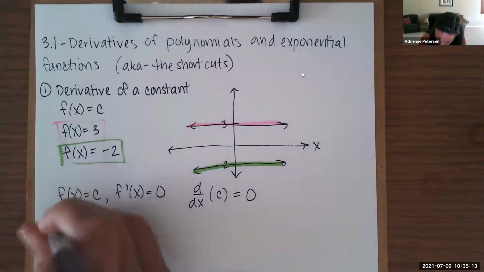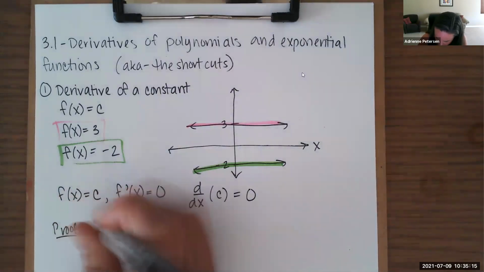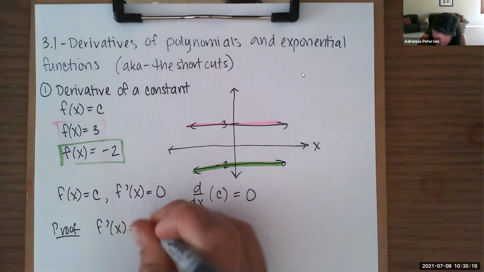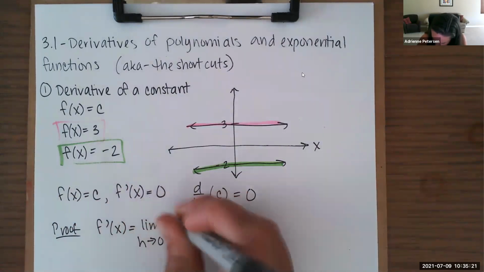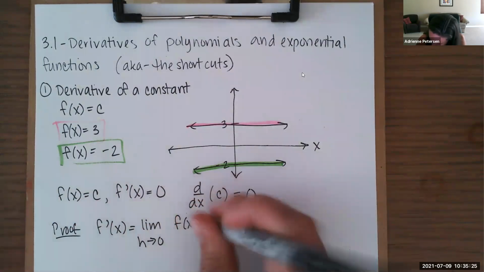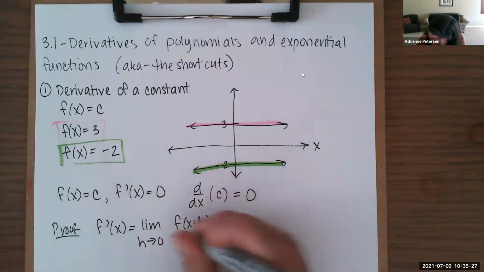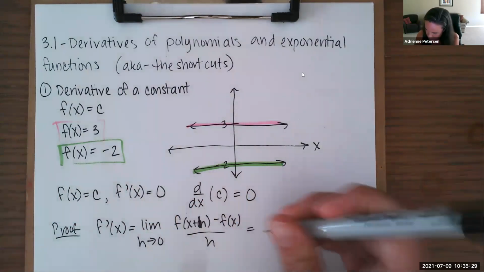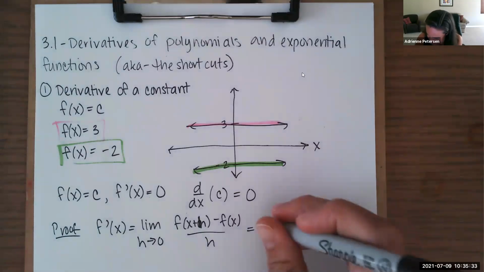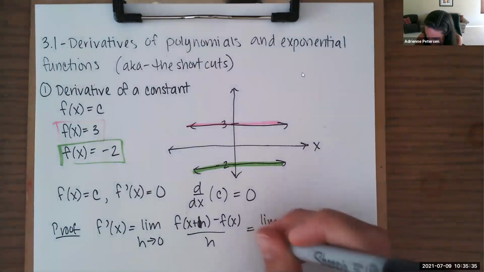If we wanted to do the proof, this is super easy. f prime of x is equal to the limit as h goes to 0 of f of x plus h minus f of x all over h. In these two cases, f of x plus h and f of x, since this is a constant, we have c in both places.